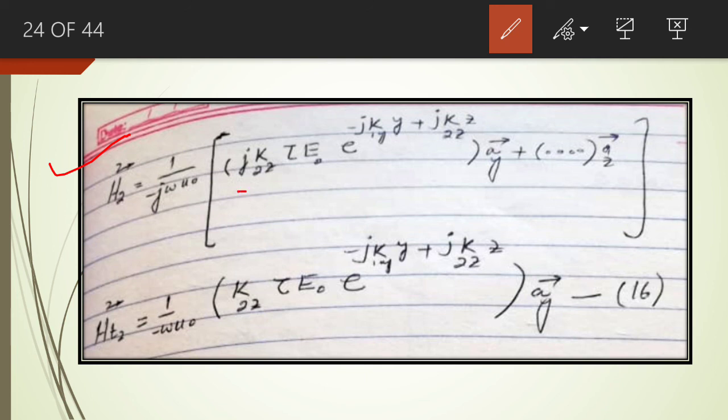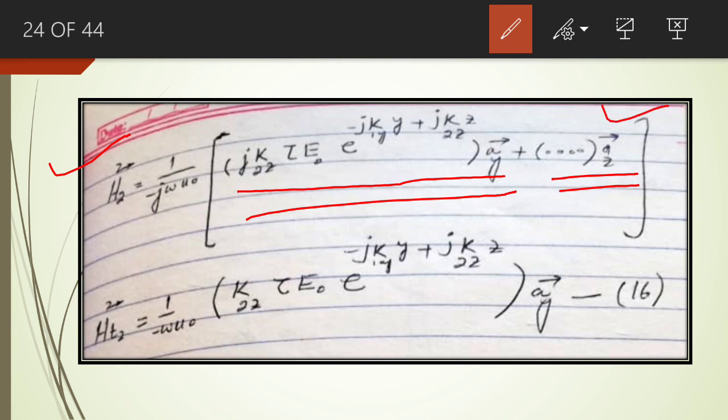Here is the component which is along the y-axis. This component is tangential to the interface, and then there will be another component in the direction of AZ, and this component is normal to the interface. We are not interested in the normal component. That's why we don't consider the details of the normal component in this particular case.